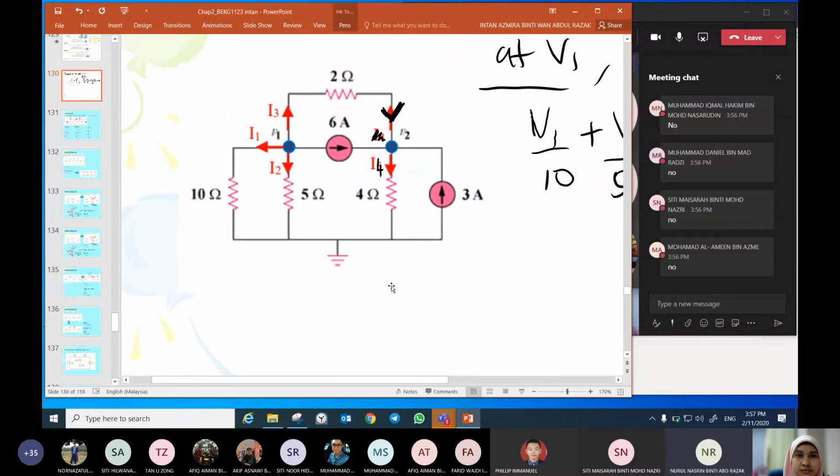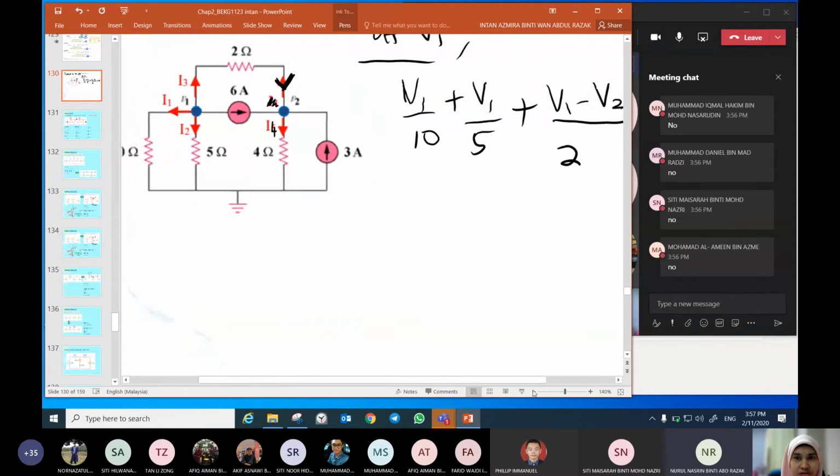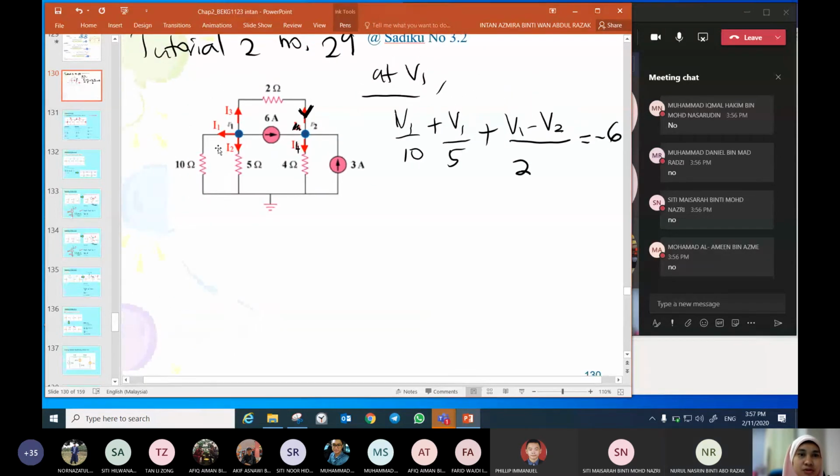Yes. If I want I1 to go right, I3 upward, I2 downward and I6 to 6, we will still get the same answer, right? Of course, if you make I1 flow from ground to V1.